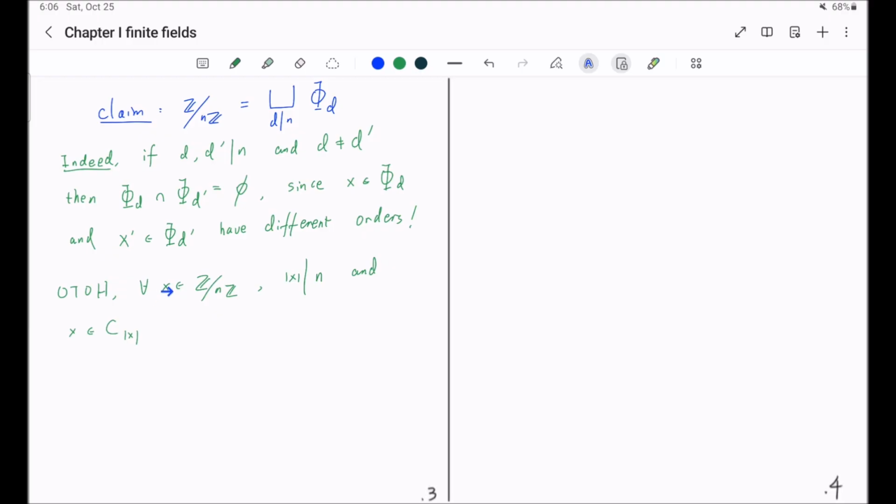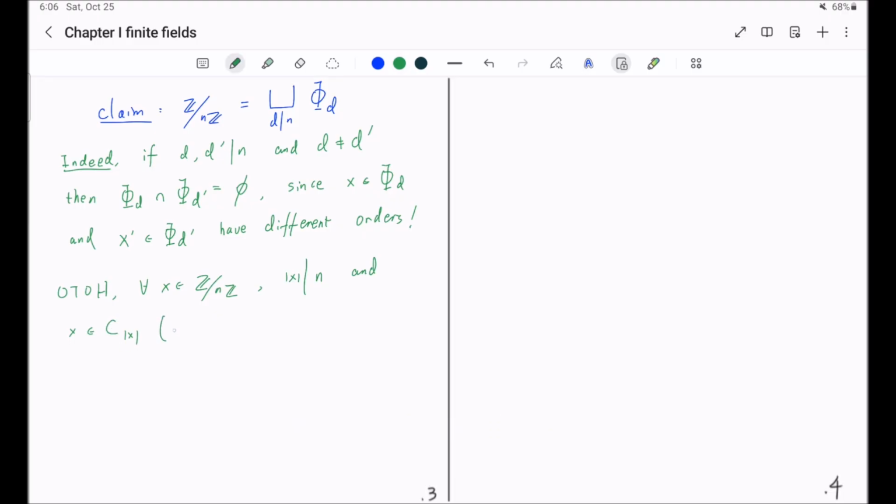Therefore, the subgroup generated by X, which is the subgroup of the order of X, must be identical to C sub the order of X. So in particular, X must be in C sub the order of X.